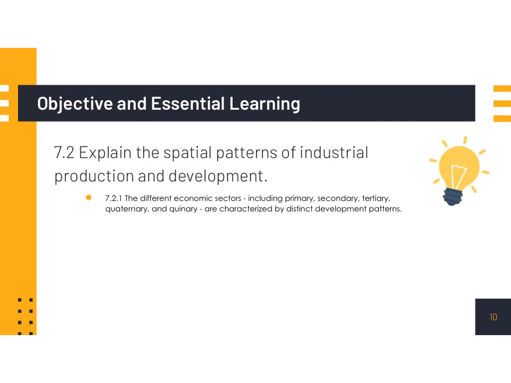Okay, so here in your own words, I want you to be able to explain the spatial patterns of industrial production and development and the different economic sectors, including primary, secondary, tertiary, quaternary, quinary, and tell how they are distinct in development patterns. So hopefully you can answer this now. You can explain this now.